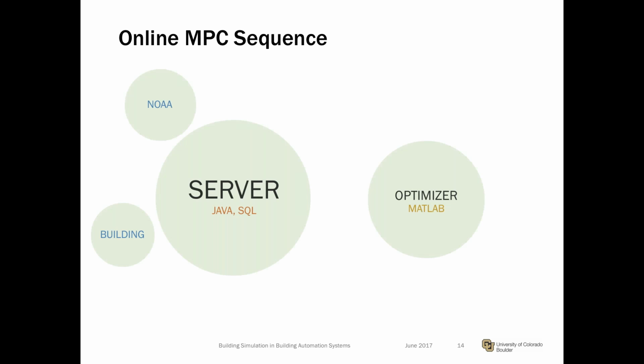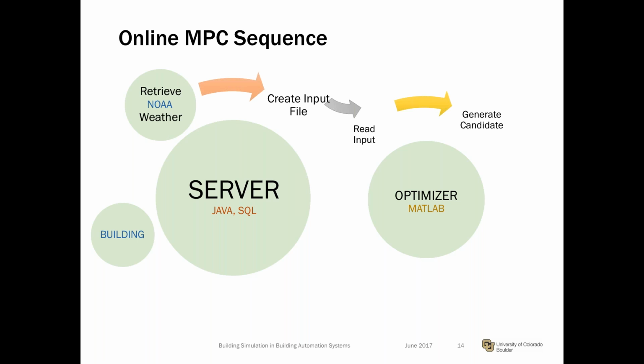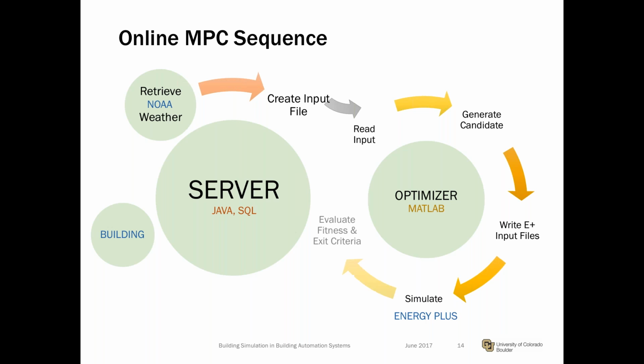And we are basically resuming the optimization sequence, but now it's for an online case in which, in addition to the optimizer, we now have an actual building showing on the left as a little circle, and we have weather information. And the way things proceed is we first get information on the weather from, in this case, the National Oceanographic and Atmospheric Administration, and then we go through the same process as before until we find an optimal solution.